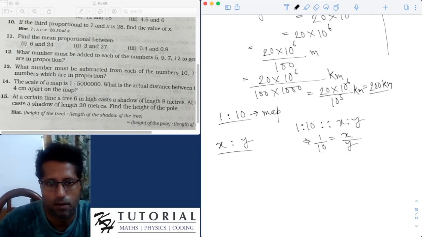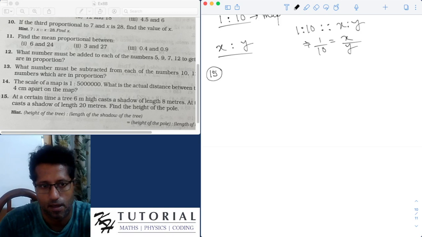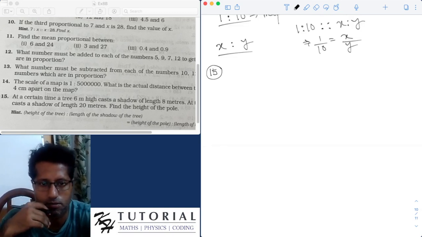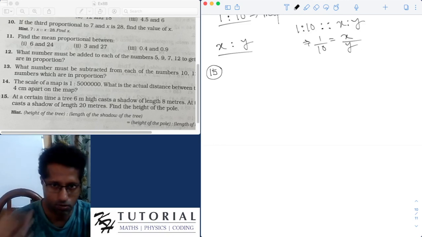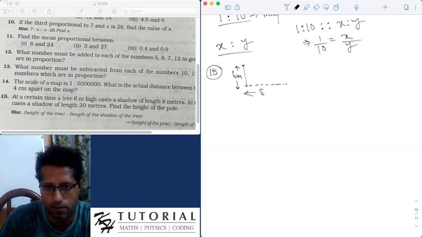Okay, let's do problem number 15. Problem number 15 says, at a certain time, a tree 6 meters high casts a shadow of length 8 meters. So a height of 6 meters is casting a shadow of length 8 meters.